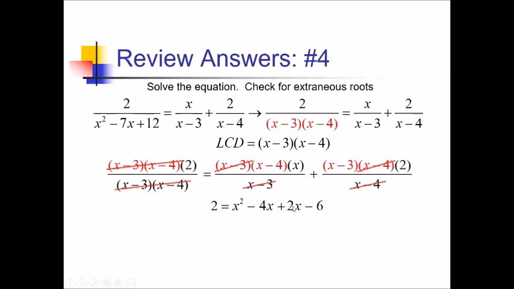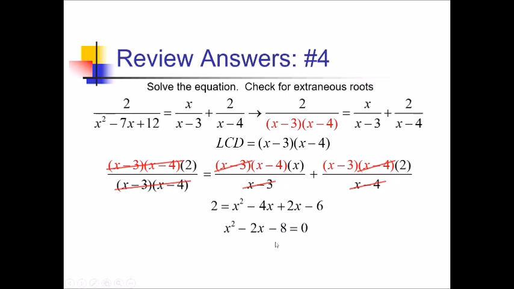And I see that I've got a quadratic with just an x squared. So I'm pretty sure I can factor this if I get everything on one side. So let's see here. We have an x squared, and I'll just move everything over to the right side here. Negative 4x plus 2x is negative 2x. And then if I subtract this 2 over to this negative 6, I've got a minus 8. All of that equaling 0.